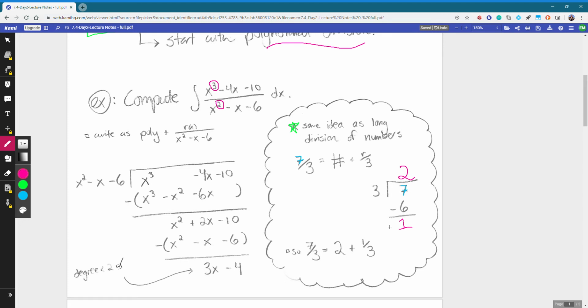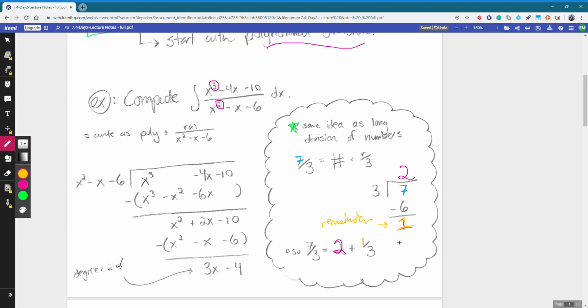Let me see if I can color code this a little bit. Oh, here we go. That's what I was meaning to do just a moment ago. We have that 1. All right, so this here is our remainder. And right, our 2 up here, right? That's the whole number of times 3 goes into 7, and then that remainder just gets put up top in our fraction off to the side. And this is how we can break that up.